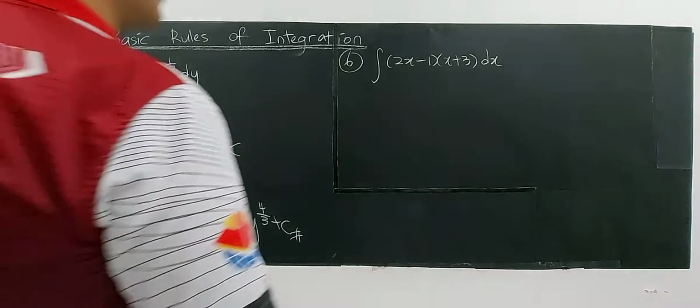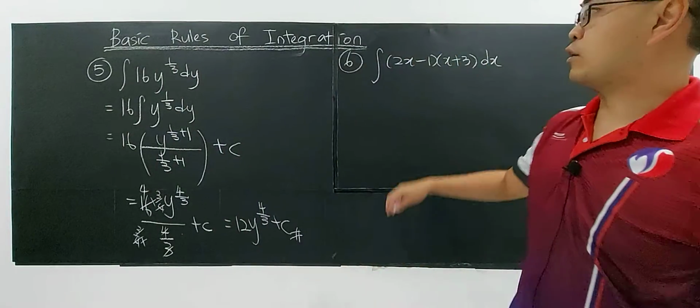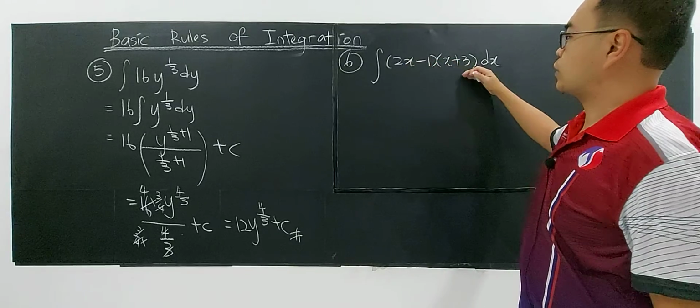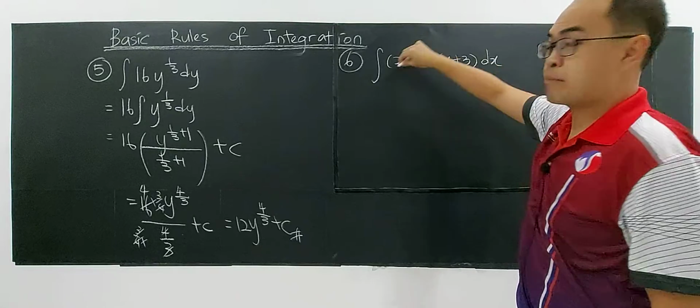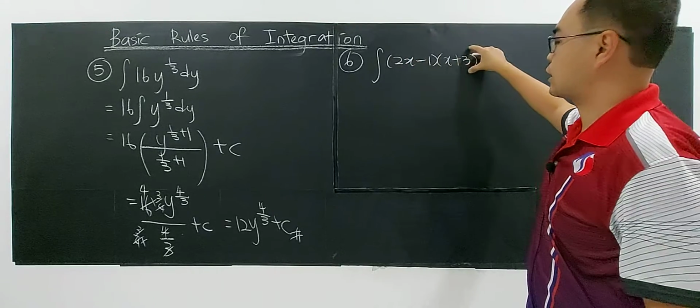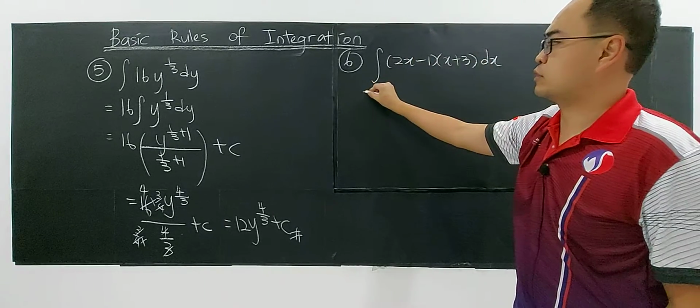Alright, question 6. So question 6, you cannot integrate this directly because why? It's not an expanded form, alright? This is a quadratic, right? You have to expand the bracket first.